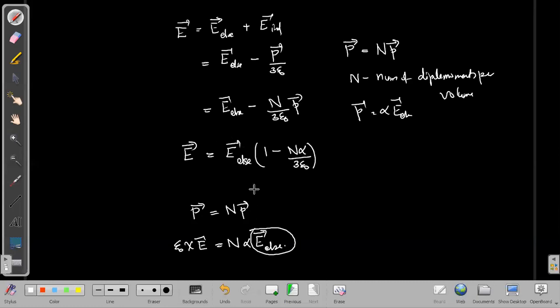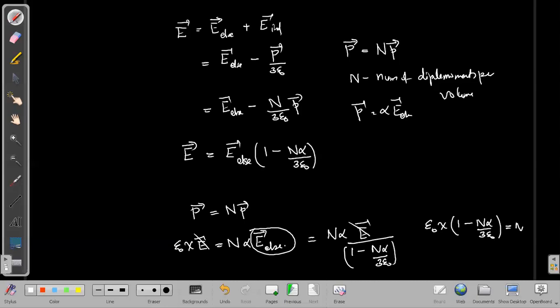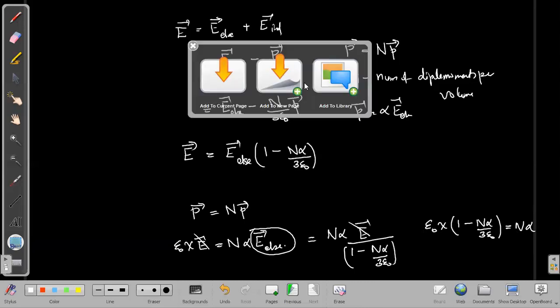If you use this result, then E_l can be written as E by 1 minus N alpha by 3 epsilon 0. So this E cancels. So therefore we get epsilon 0 chi times 1 minus N alpha by 3 epsilon 0 becomes N alpha.